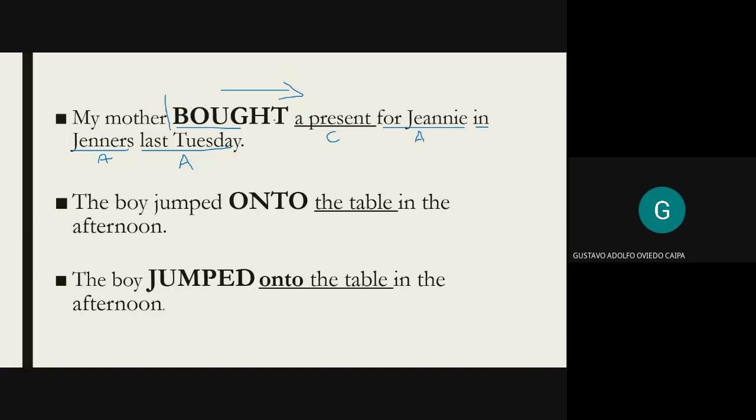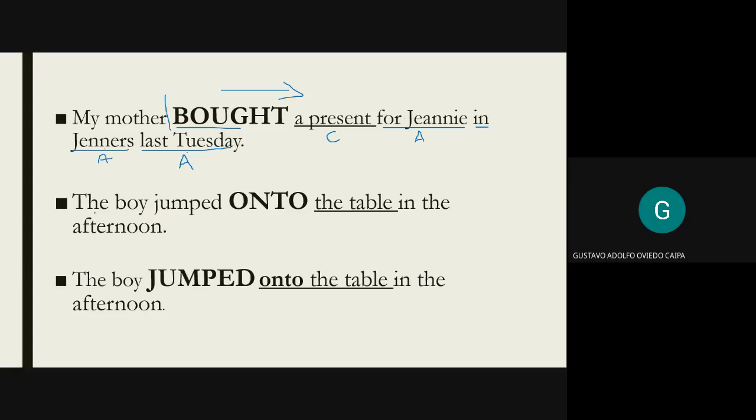Or I can say my mother bought a present for Jeannie and that's it. It would be grammatical. Or I can say my mother bought a present in January last Tuesday and it would be grammatical. And if I say my mother bought a present last Tuesday, it would still be a grammatical sentence. That means that this element and this element are adjuncts. They are optional elements, but not obligatory elements.